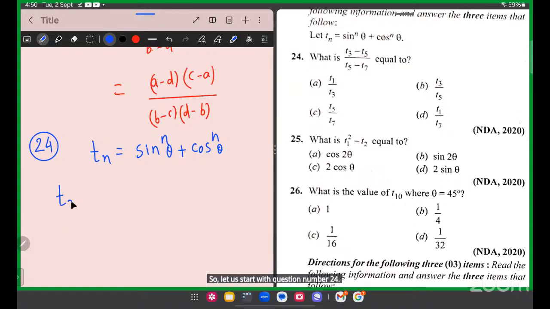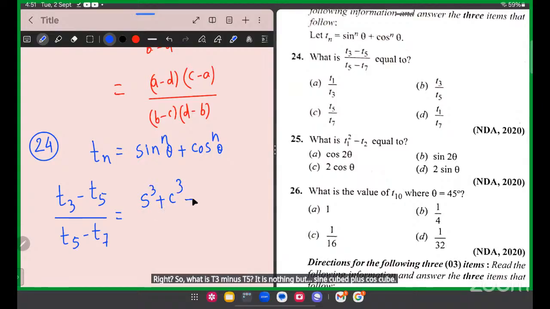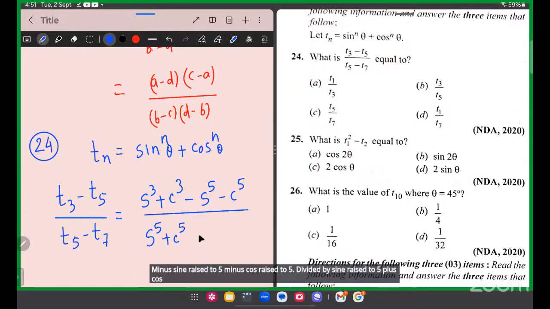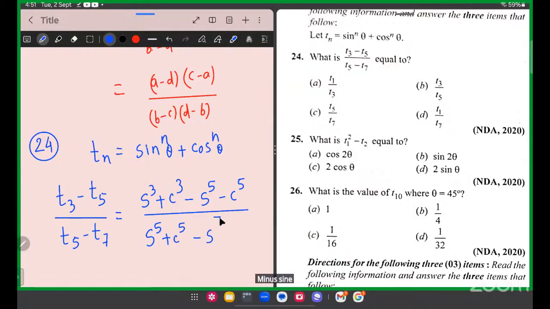So t3 minus t5 divided by t5 minus t7, right? So what is t3 minus t5? It is nothing but sine cube plus cos cube minus sine raised to 5 minus cos raised to 5, divided by sine raised to 5 plus cos raised to 5 minus sine raised to 7 minus cos raised to 7.